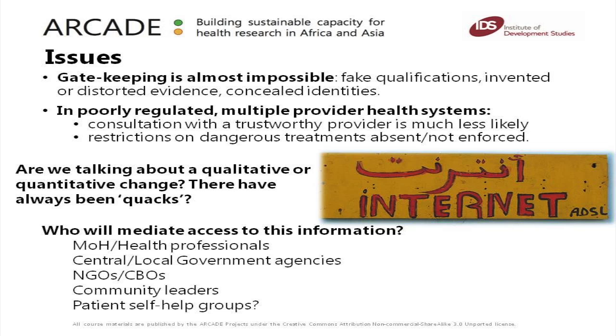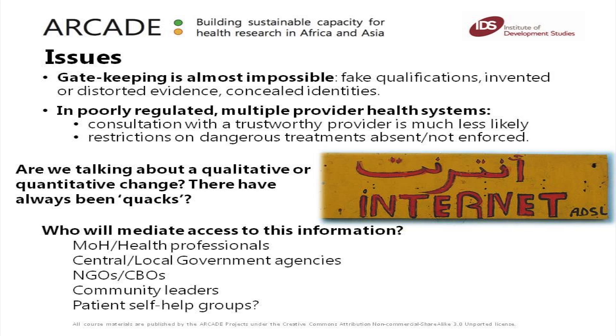So it's become much less clear that the majority of populations in many countries place complete faith in their health professionals. Then there are obviously government agencies, either at central level or local government, and again, if they're run by the other political party than the one you support, if you think that they're all corrupt officials who are only out to feather their own nests, then you may not be happy with them as mediators.